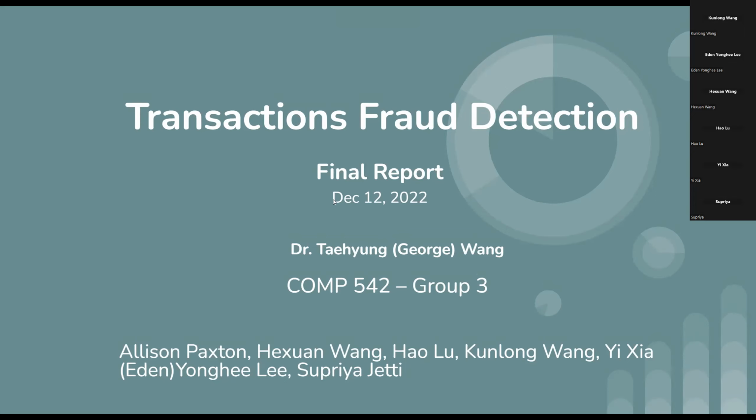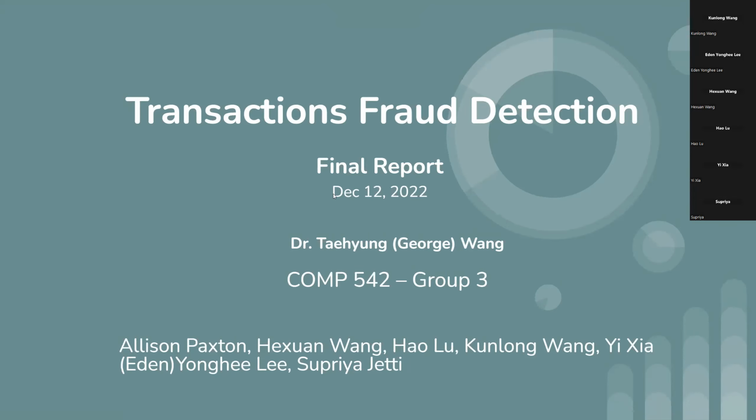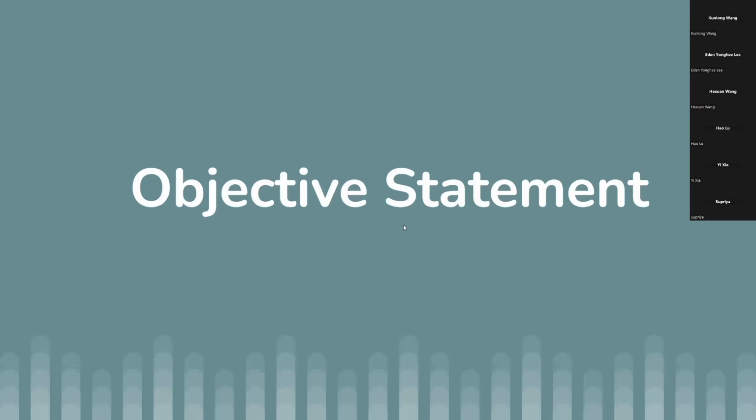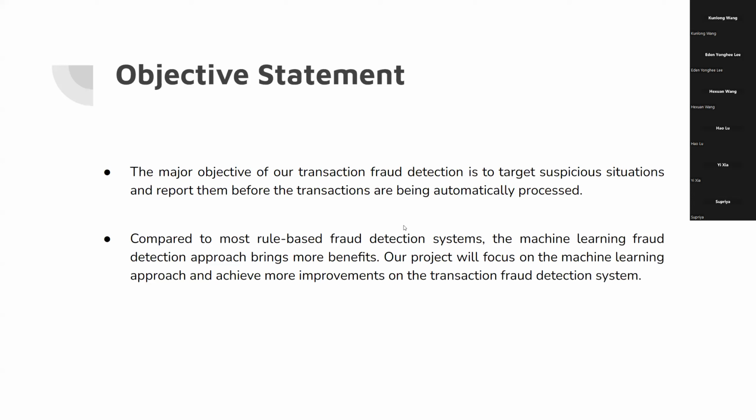Okay, so we are group 3, and our topic is transactions fraud detection. And this is the table of contents. The first part is the objective statement. Our project is about transactions fraud detection.